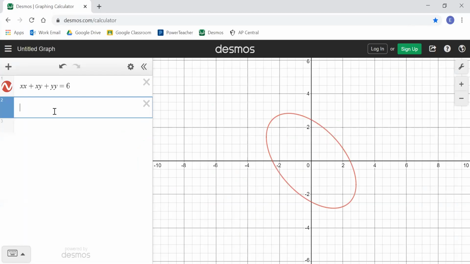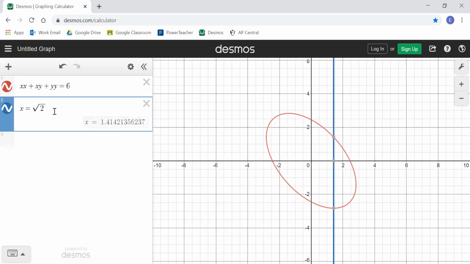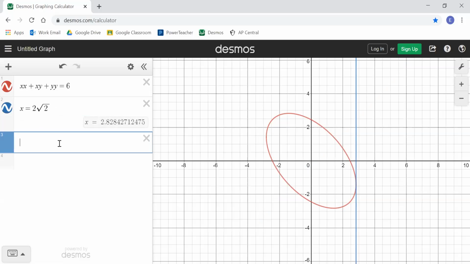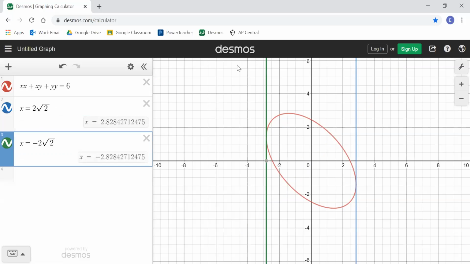So what was our x value? We had x equals 2 root 2, and x equals negative 2 root 2.